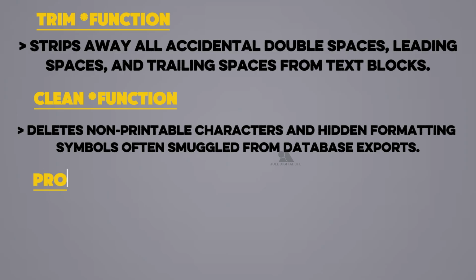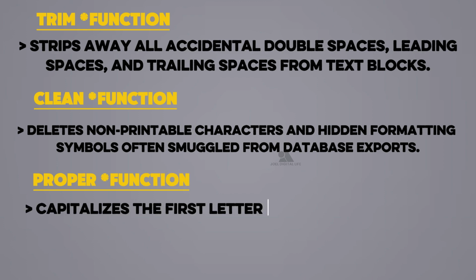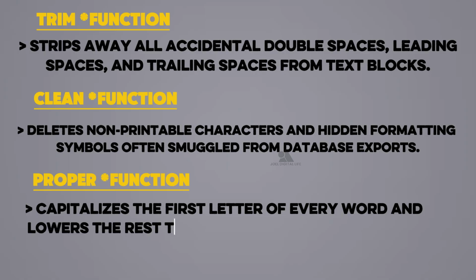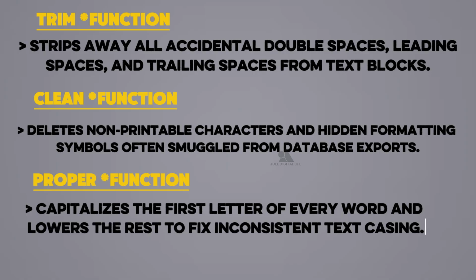And the proper function capitalizes the first letter of every word and lowers the rest to fix inconsistent text casing. We shall go ahead and see a step by step on how to use them within this video.